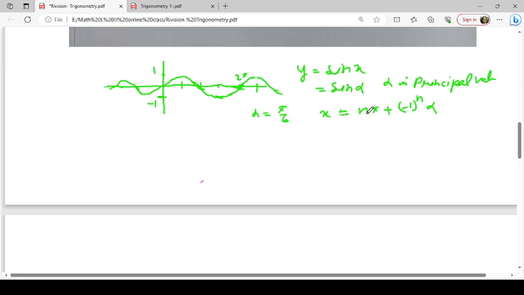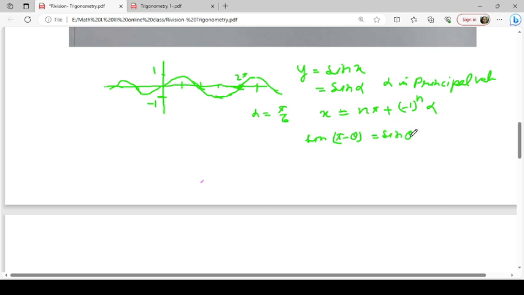Then if n is equal to 1, it is pi minus, this is minus because it is 1, so pi minus pi by 6. You know sine of pi minus theta is equal to sine theta.